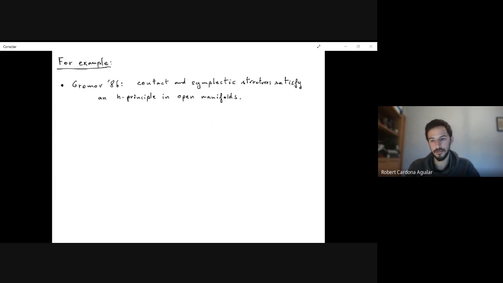This is not true in general on closed manifolds for symplectic. This means that if you start with a formal symplectic structure, which I haven't defined, on an open manifold, you can deform it to a symplectic one. A formal symplectic structure is just a two-form which is non-degenerate.